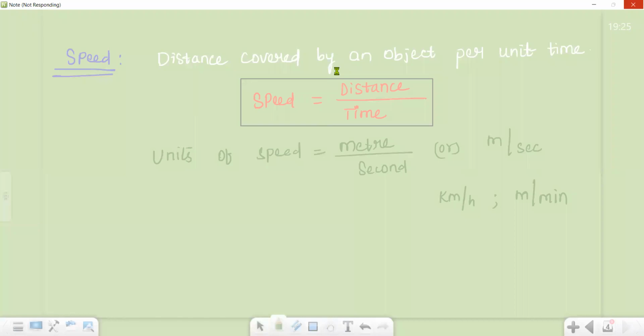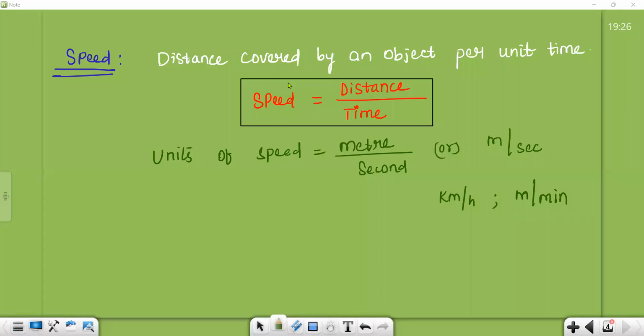Ma'am, I was asking, is the rotation of Earth around the sun uniform motion? Is it a uniform or non-uniform rotation?